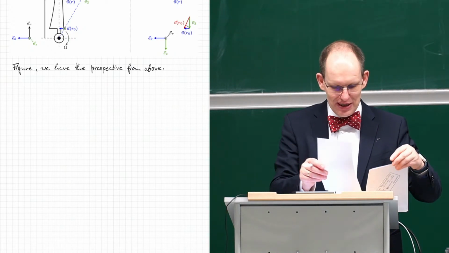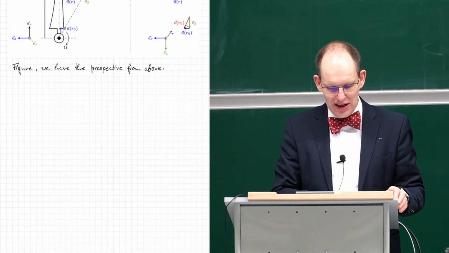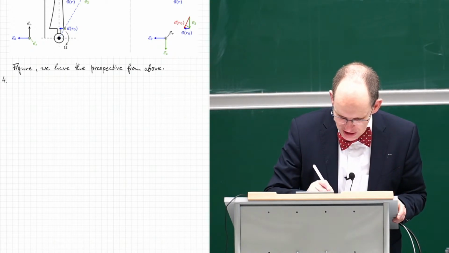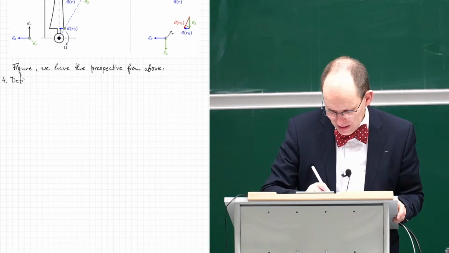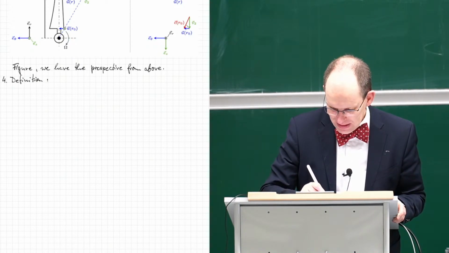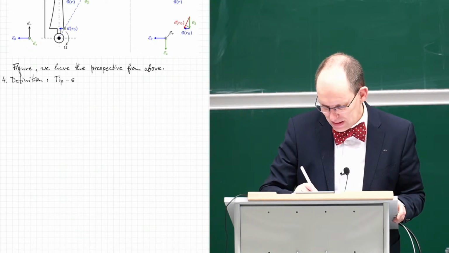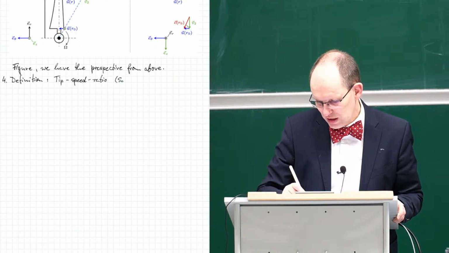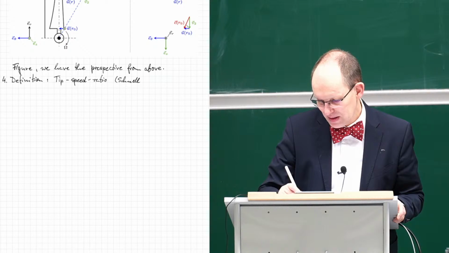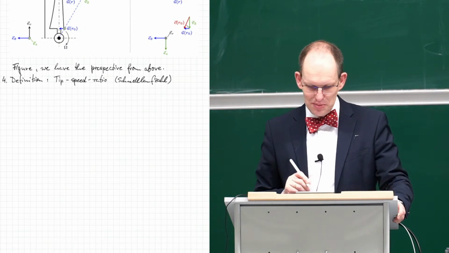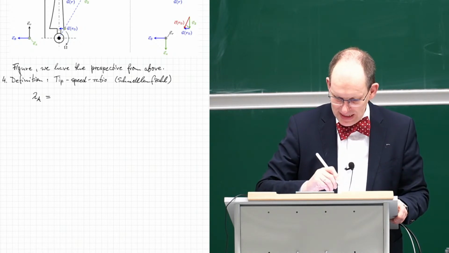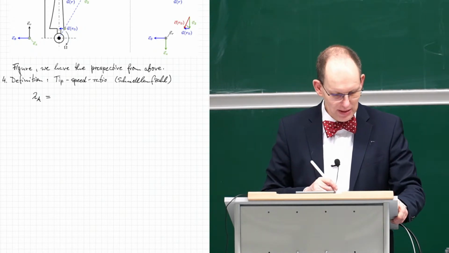So next, we define what I already announced, namely the Schnelllaufzahl, or in English, the tip speed ratio. So first point here is a definition. The tip speed ratio, Schnelllaufzahl. I think this is a nicer word for what we are defining, and this is called lambda A. I'll come to what the index means.